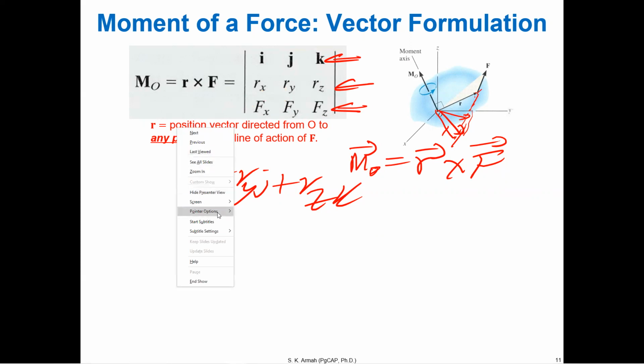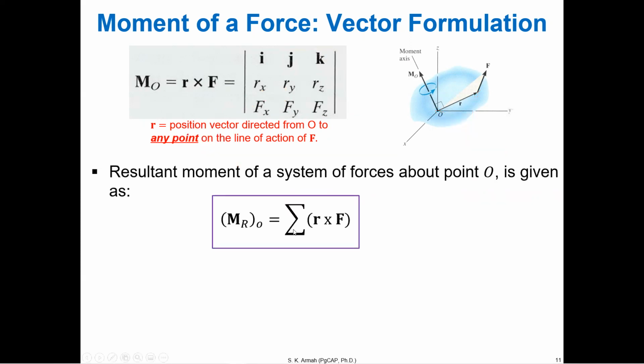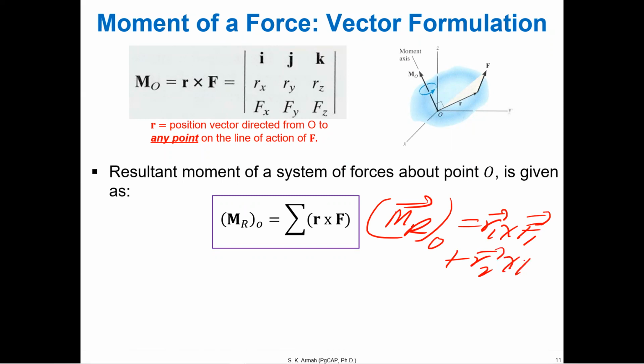Let me add a few points and then we go into that. If you have more than one force, then we are talking about the resultant. So this resultant is a vector about, let's say, point O. It's like your r1 cross F1, add r2 cross F2, up to, let's say, rn cross Fn, depending on how many you have.